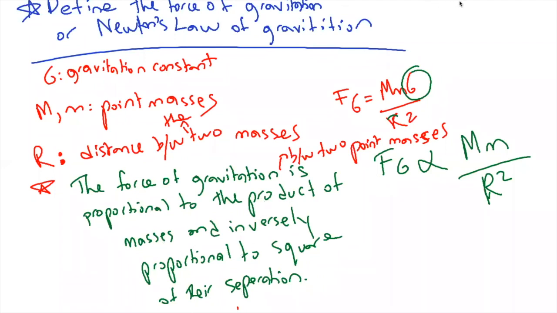But to be on the safer side, so you don't lose any marks, do mention this because a lot of times it's explicitly mentioned that you have to mention point masses. All right, I hope this makes sense. Now, right after this, we're going to be deriving this formula, the T squared and r cubed one.